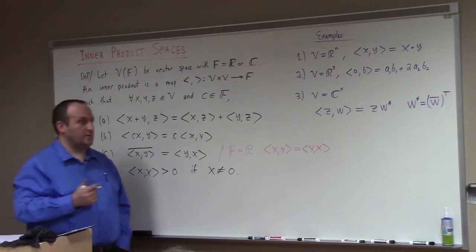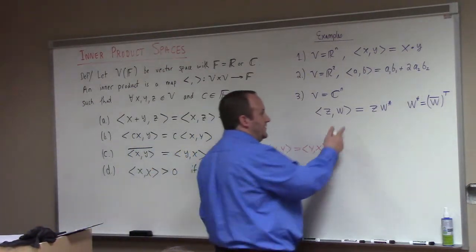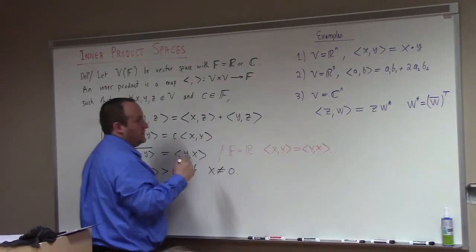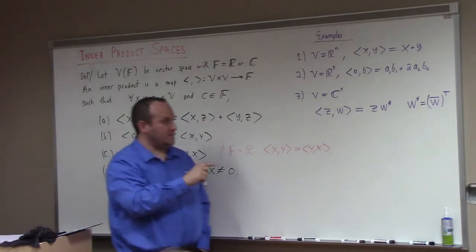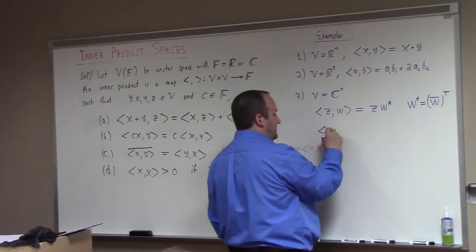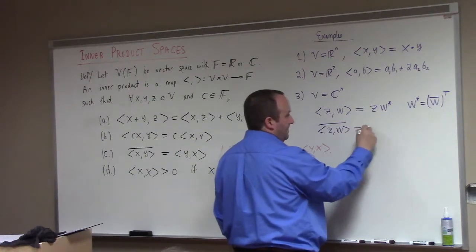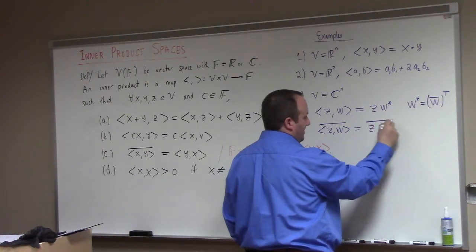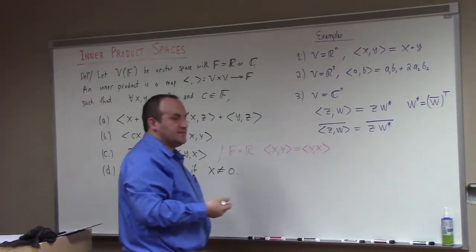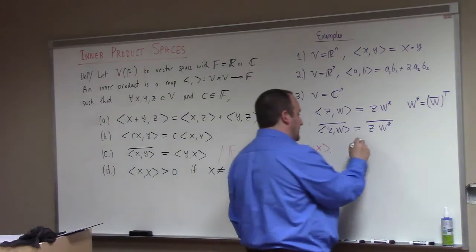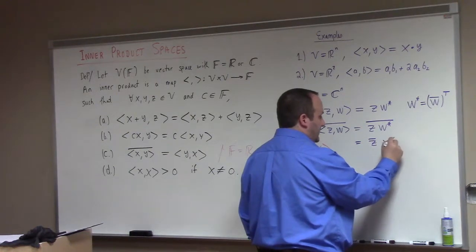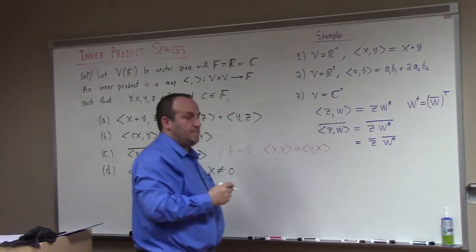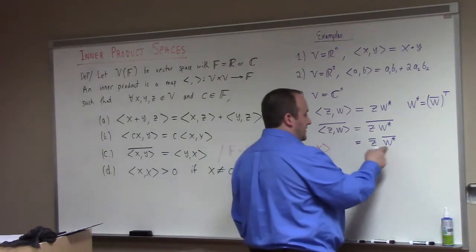All right? So this, you can pretty easily check. It's quite obvious that A and B work for this definition, right? But maybe C is a little bit interesting. What happens if you take the complex conjugate of this thing? So how does it work? The complex conjugate of the product of two complex matrices, well, it's in fact the product of the conjugates. This is a property of complex conjugation. But let's see here. What is this?